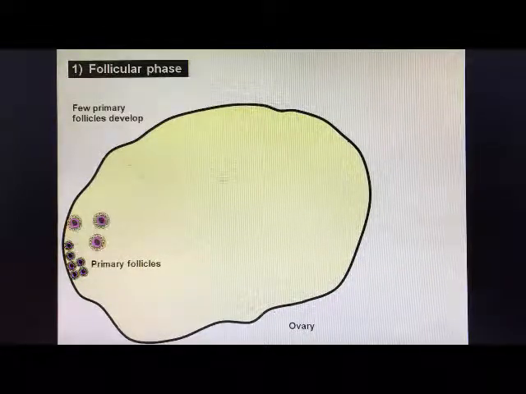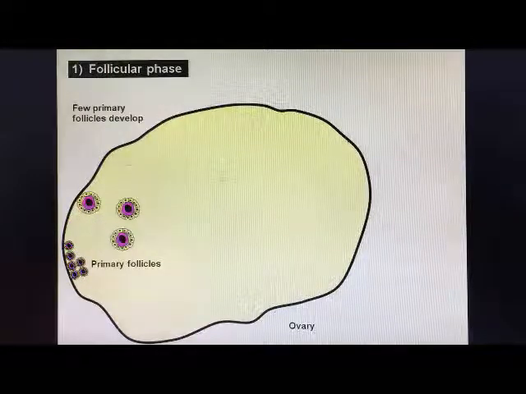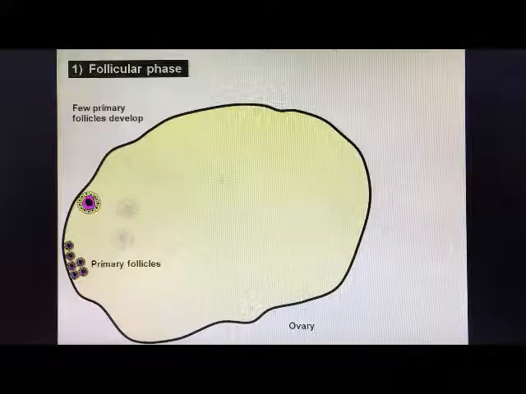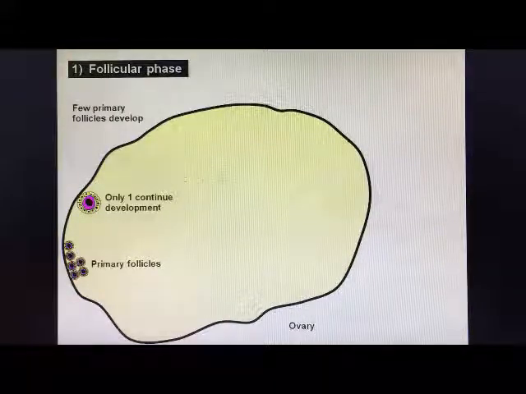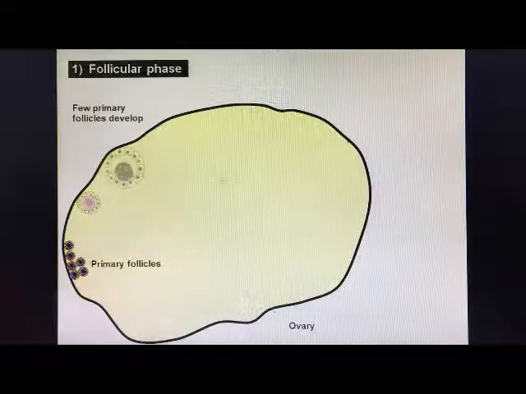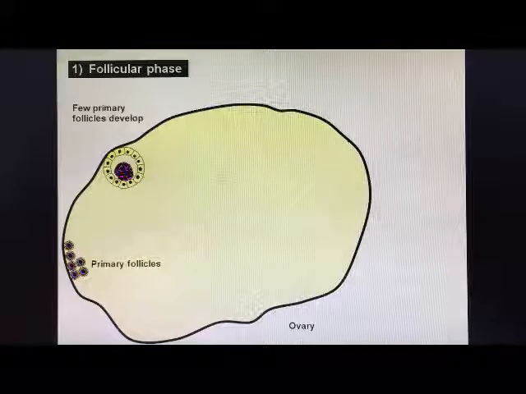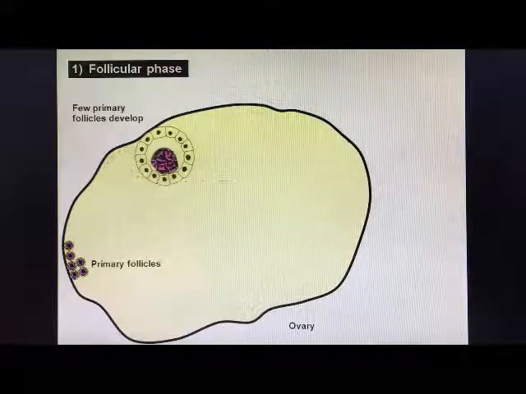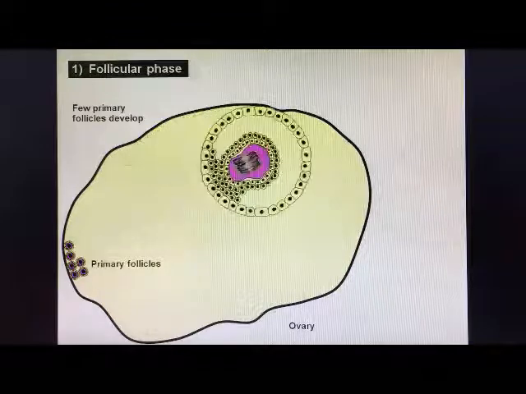They will grow, and when they grow, they secrete estrogen hormones. But usually, only one follicle will continue its development. When it grows and develops, it starts to continue its first meiotic division.